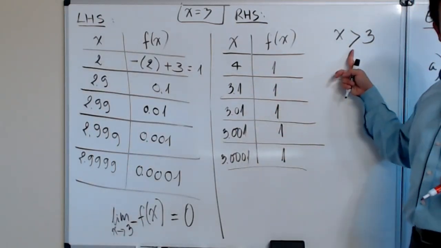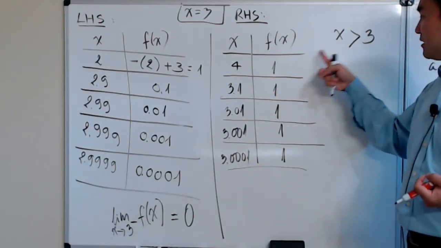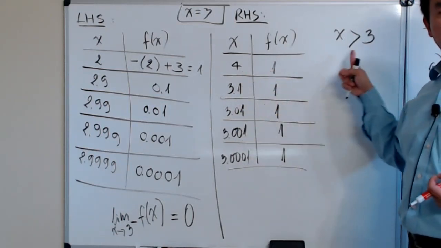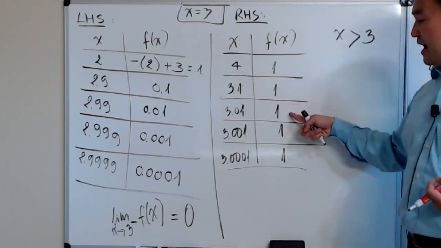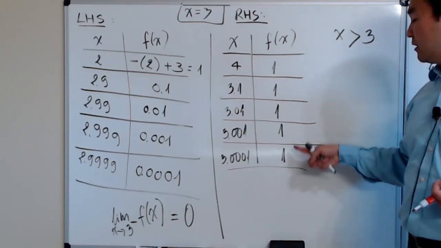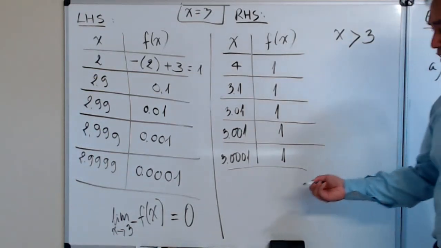In other words, on this piecewise function, these values of x are all greater than 3. So I have my right to say that the output value is defined to be 1. So we have a conclusion.